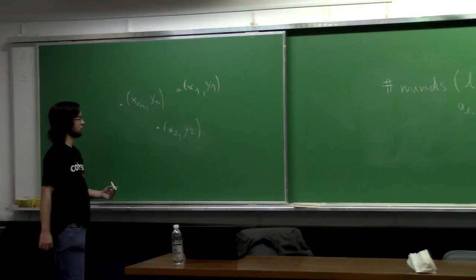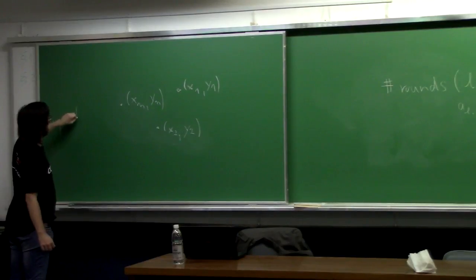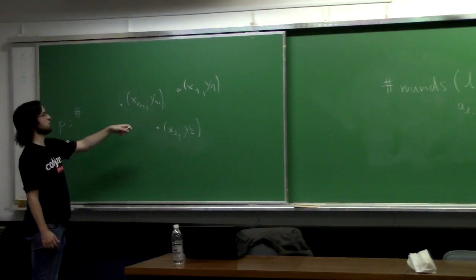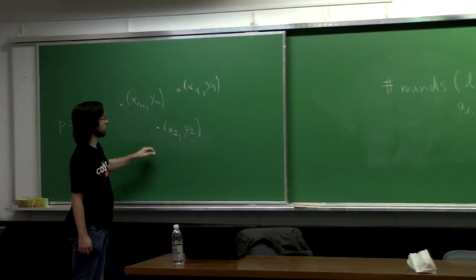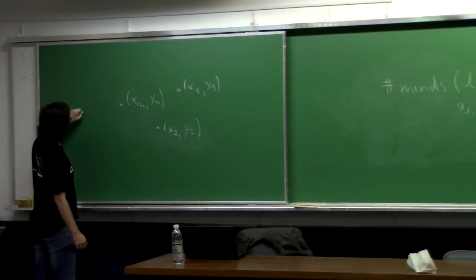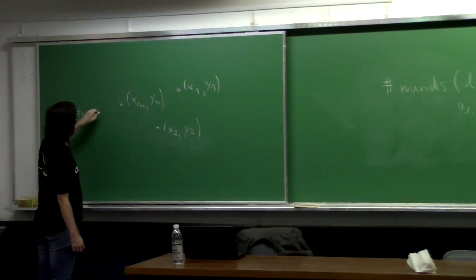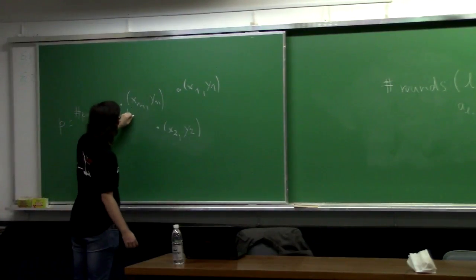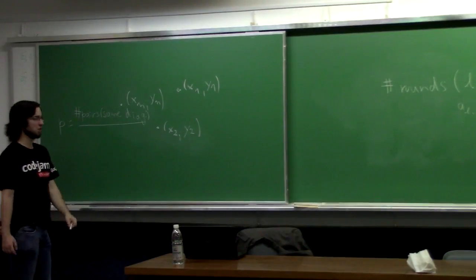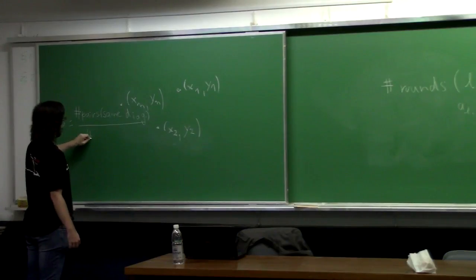Since probability is the number of cases where there are the number of pairs of points such that they are on the same diagonal, so the number of success cases, divided by the total number of cases that could happen in this game, so this is just the number of pairs.